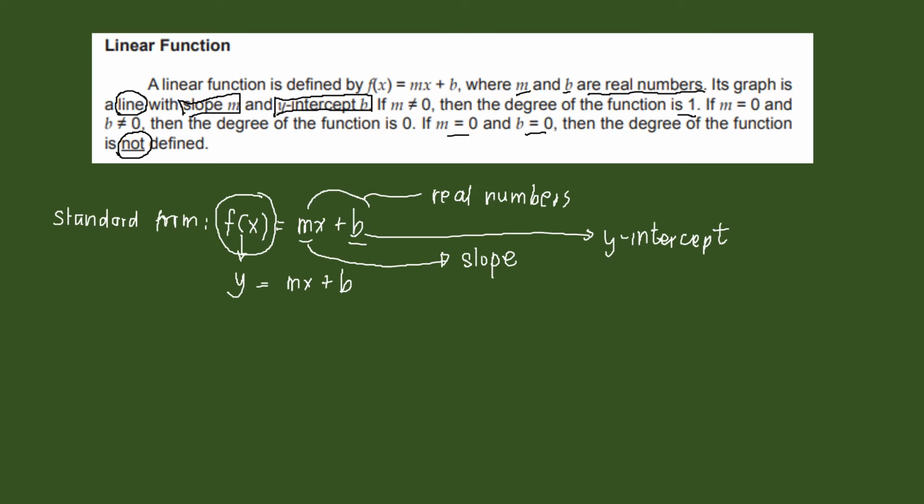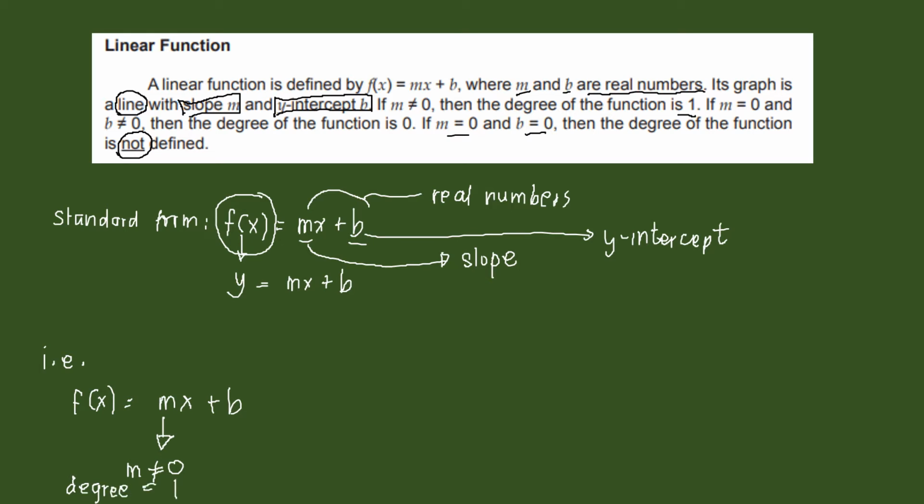If for example, we have f of x is equal to mx plus b, and m is any number not equal to 0, then the degree is equal to 1.